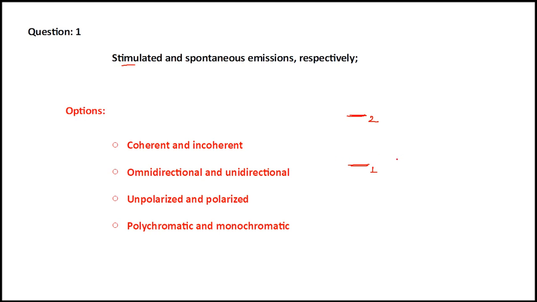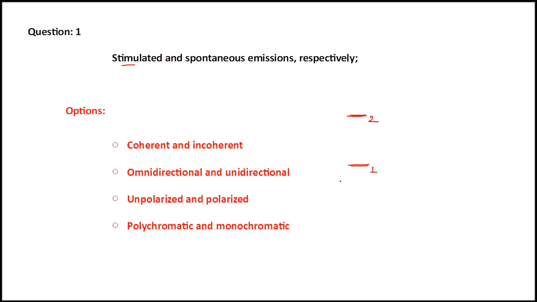Now there are different types of emission. For spontaneous emission, the example would be, if the system is in ground state, it gets excited to this particular second excited state, and then after that it comes to the ground state by emitting the light radiation. That type of emission will be called a spontaneous emission.